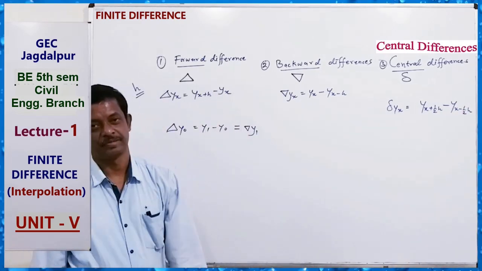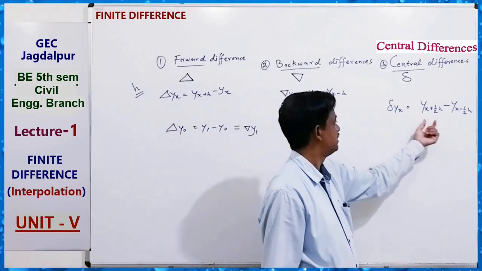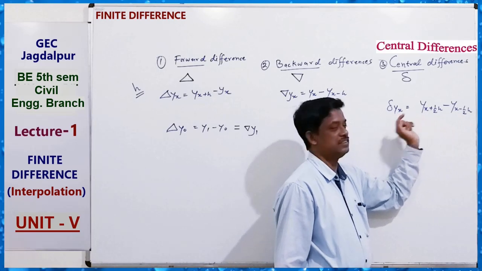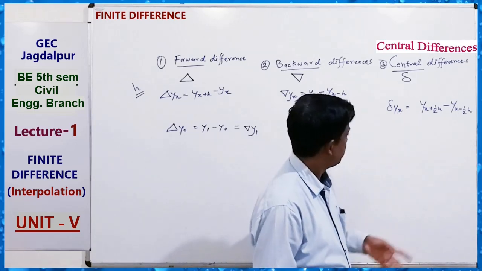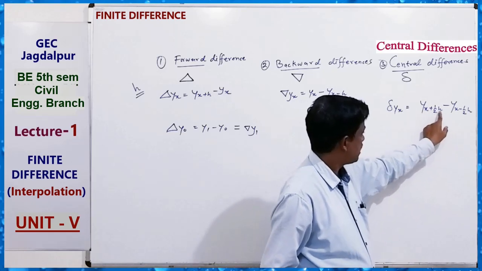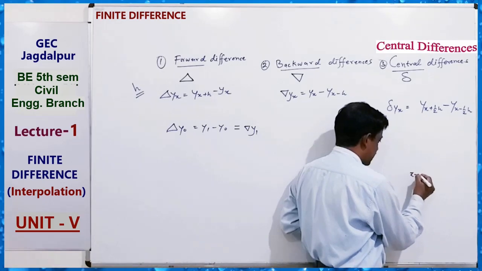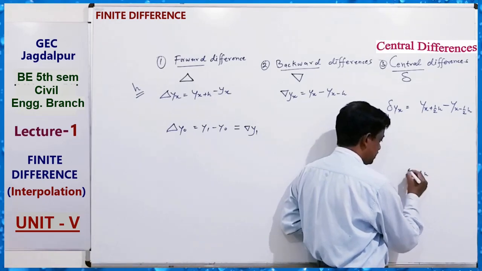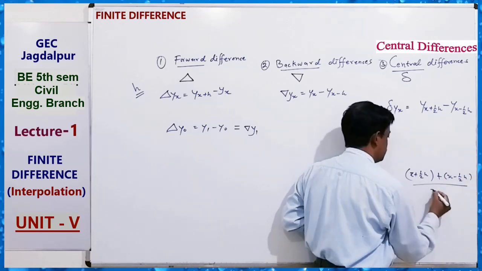That means its average is this: x plus half h and x minus half h, so x plus half h plus x minus half h, divided by 2.